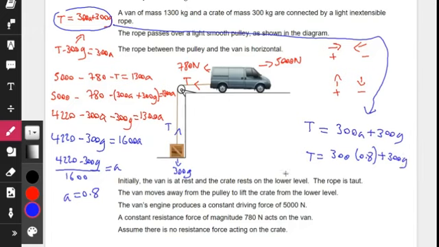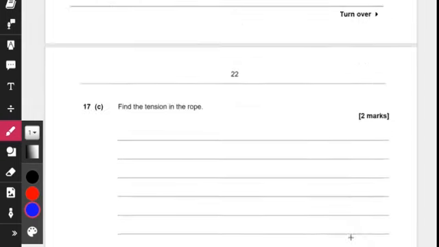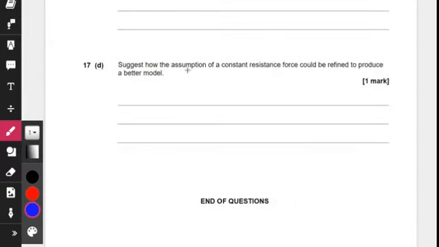If I substitute that in, I get 300 times 0.8 plus 300 times 9.8, which gives us 3,980 newtons. Boom, done.